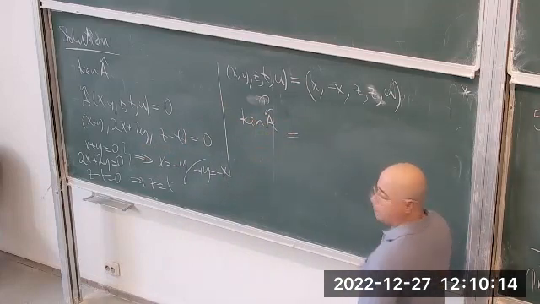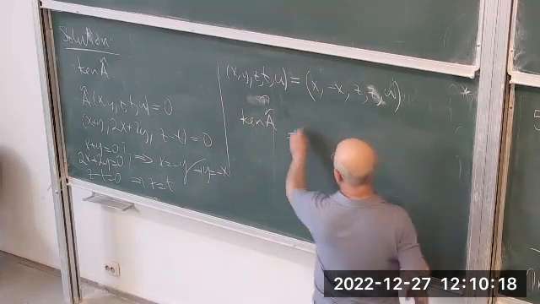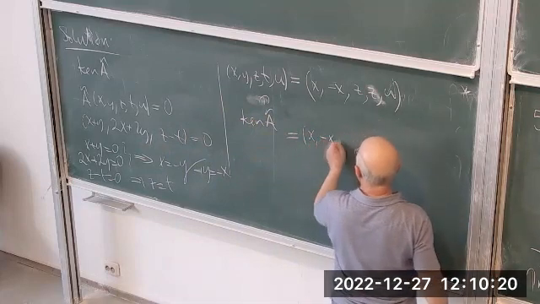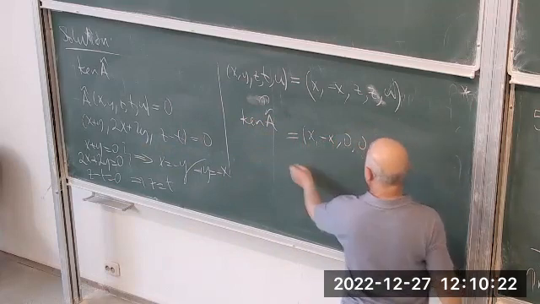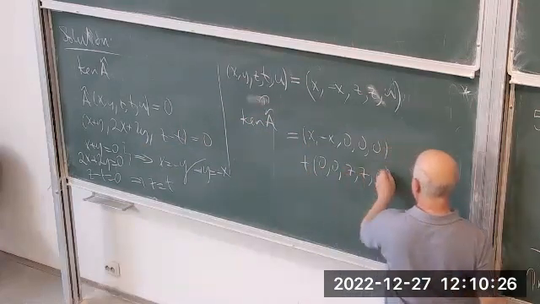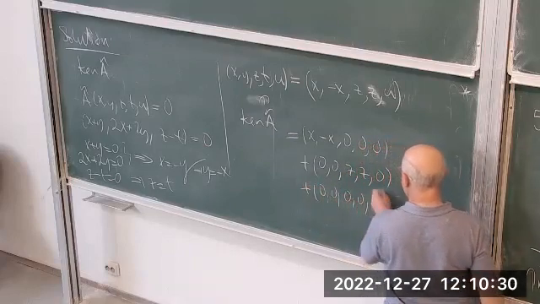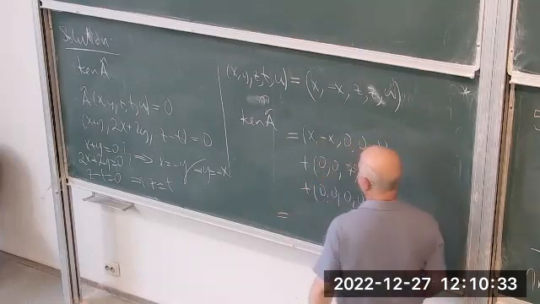Şimdi şunu yapacağım. I will just separate the variables. So (0, 0, 0) plus (0, 0, z), (z, 0) plus (0, 0, 0, 0, 0). So this means what?